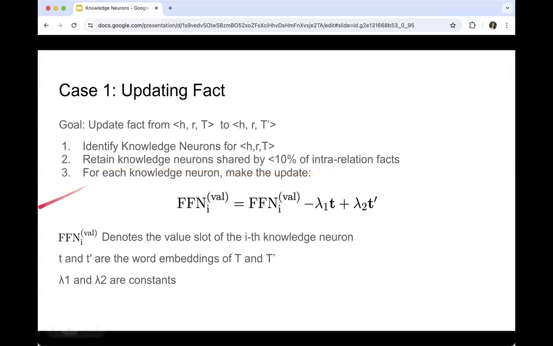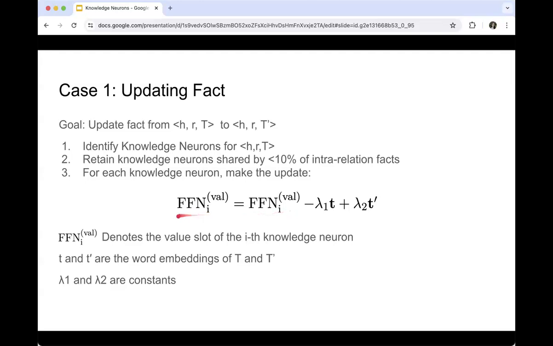So after filtering for the knowledge neurons, we make an edit to each knowledge neuron by subtracting the previous tail entity's word embedding, which here is little t, and adding the new tail entity's embedding to the value slot of the neuron that we're editing.